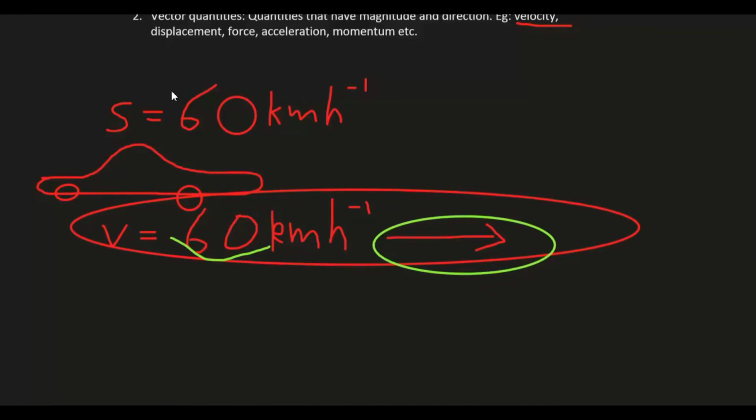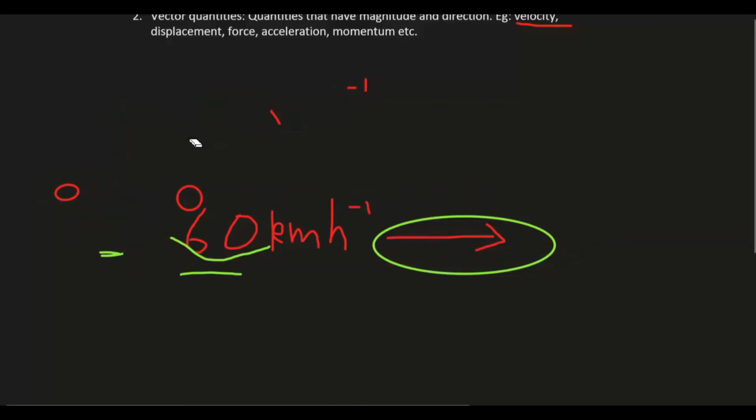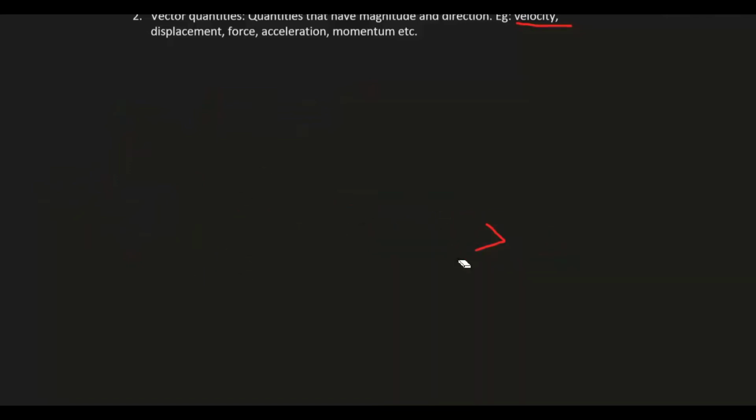It just said that the car is going at 60 km per hour, meaning that it had a magnitude only. But when we are talking about velocity, it has a magnitude and it tells us about a direction, right? It's going to the right. Okay, let's see a much more practical example or something that you will frequently see in your exam papers, both in physics and as well as maths mechanics.